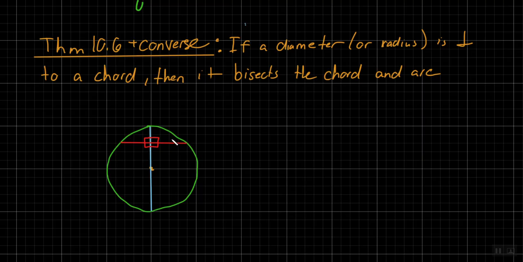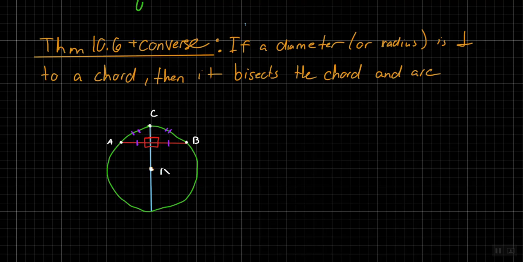And if it bisects the chord, and it bisects the arc, so you know these fun facts. Let's add some labels. Let's call this A, B for our chord. Put C for that middle.